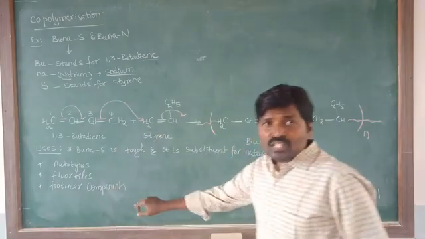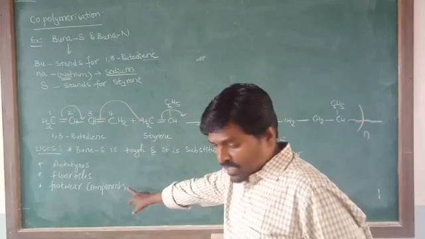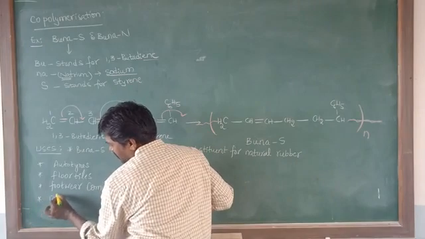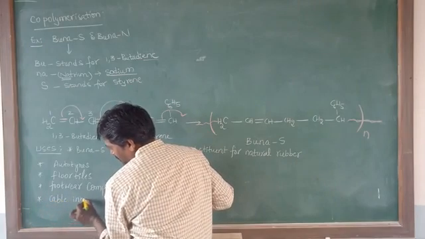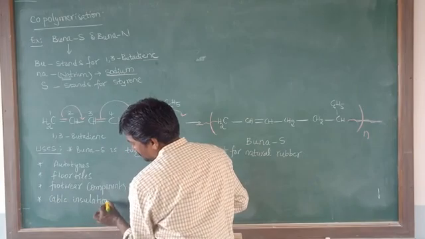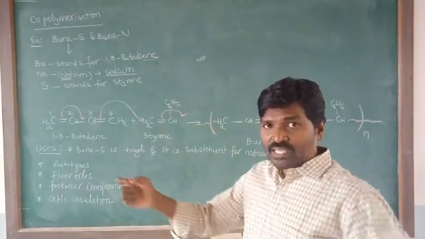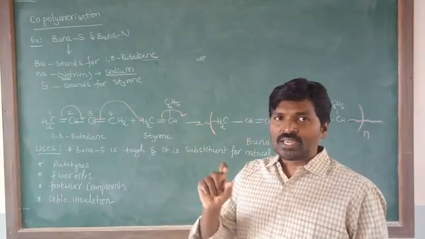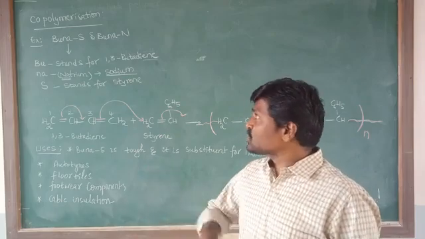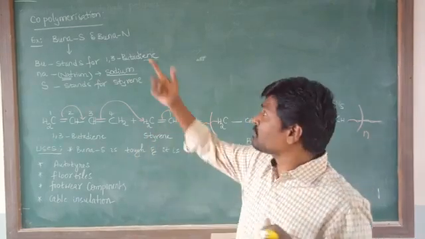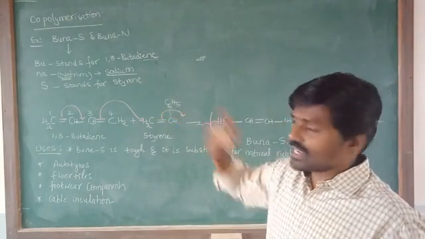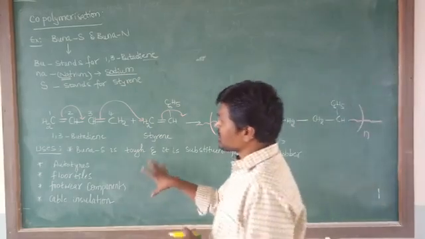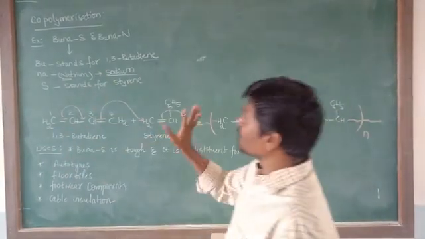Even they are also used in the manufacture of footwear components. Even they are also used in cable insulation. If you take a cable, inside we observe the presence of a wire. Now that is surrounded by some plastic. That cable insulation, that plastic, is made up of Buna S. So these are the important uses of Buna S.